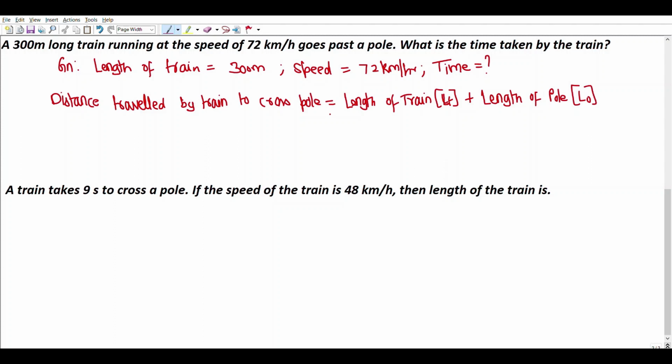So we know that length of the pole widthwise is negligible, therefore it is equal to length of the train. That is, distance traveled by the train to cross the pole is equal to length of the train.